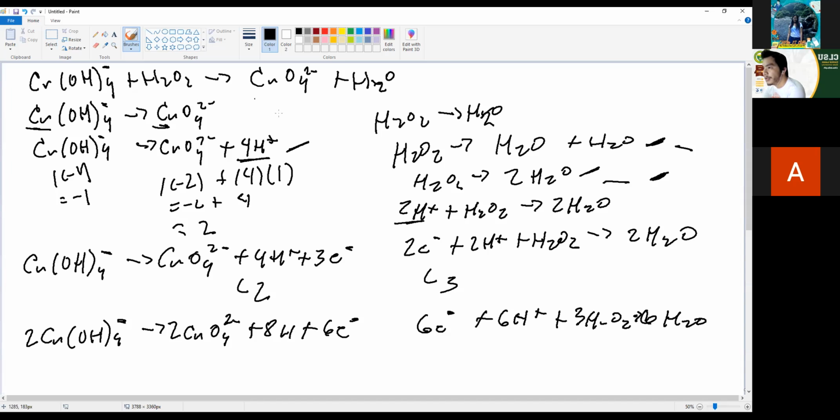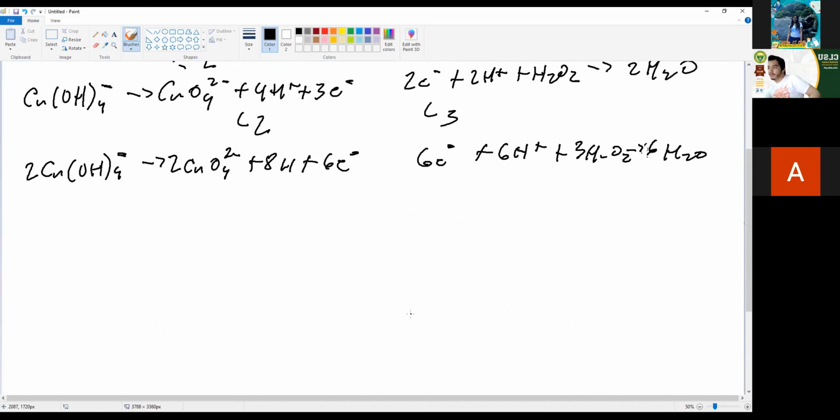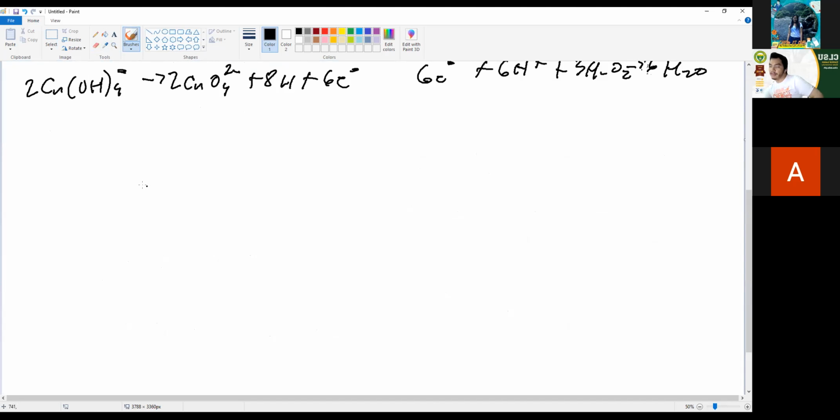Teka, paano yung pagkasulat ko? Yan. Tama ba? So, 6, 6, 3, 6. Yan. So, ngayon, na-balance na natin yung electrons. Pwede natin siya pag-add.